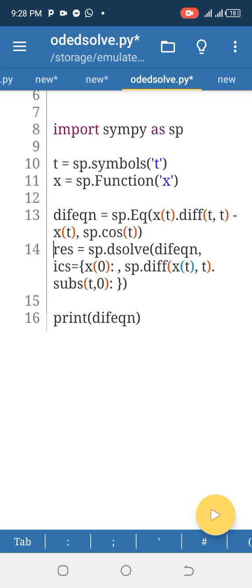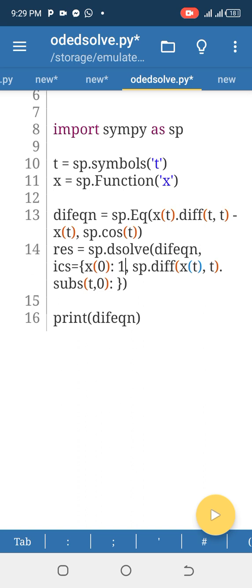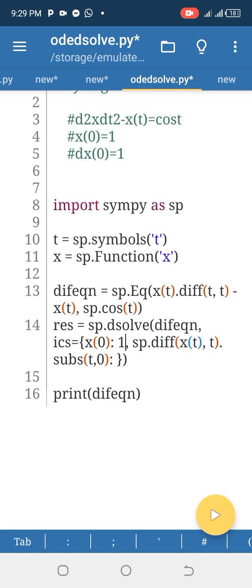So our key in the first place is x, and the value defines for us the value of t and also the value of x. So the first one is x of 0. x of 0 is telling us the value of t is equal to 0. Then we want to define what will be the value of x when t is equal to 0. According to what is given, it is equal to 1. Then we are also given that dx dt at t equal to 0 is also equal to 1. So we also put a comma.